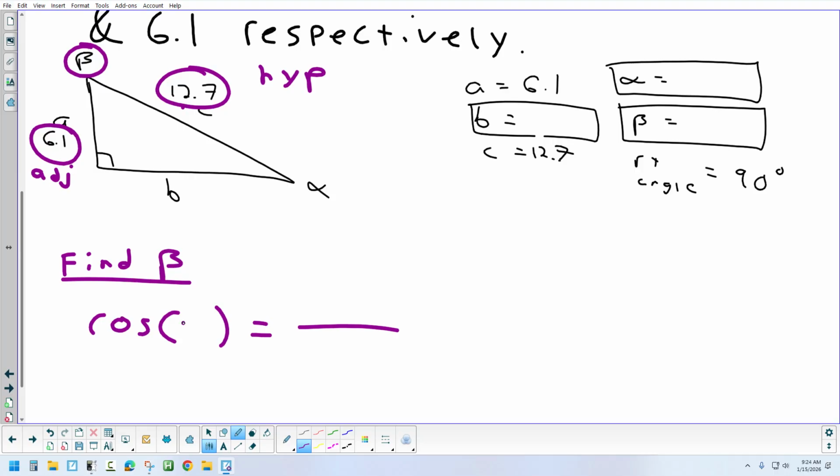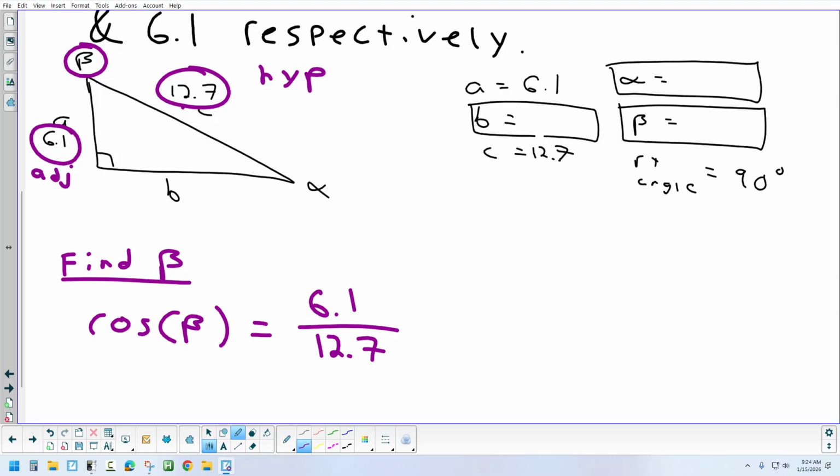Okay, everything is from the perspective of your reference angle, and your reference angle has to be an acute angle. It can't be the 90. So cosine beta. And what's going to go on the right side? 6.1 over 12.7.